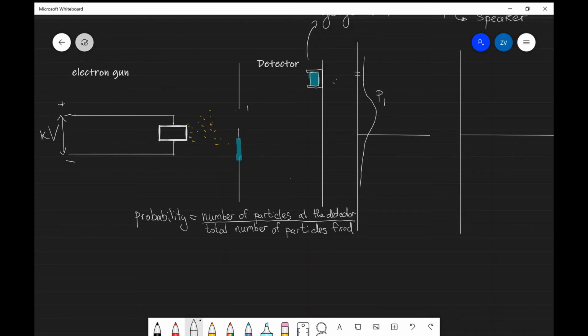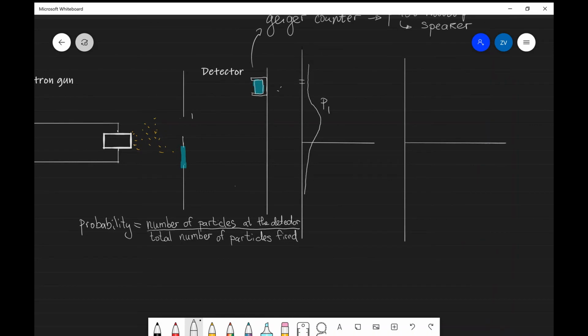The electrons seem to have a particle behavior. In fact, on the loudspeaker, we tend to hear only sharp clicks of one intensity. So there are no half clicks, there are no 0.7 of a click. That tells us that the electron definitely has some particle properties.